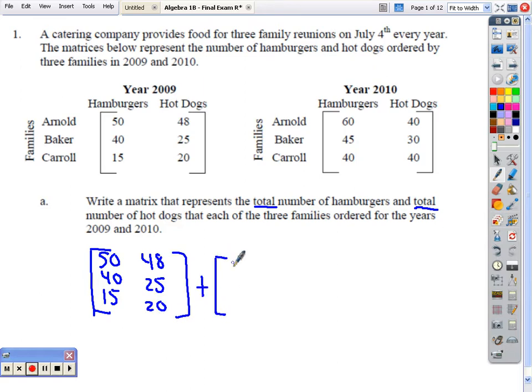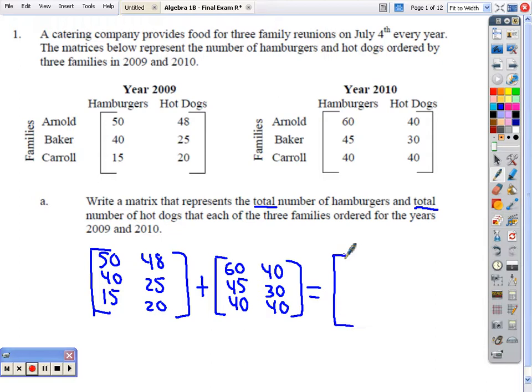So all I'm doing is writing out the original matrices just so you can see how I'm adding them together. And what you end up doing is you just add the numbers in the corresponding places in the different matrices. So for example, I'm going to add the 50 and the 60 together because those are in corresponding places. They're both in the first row and first column.